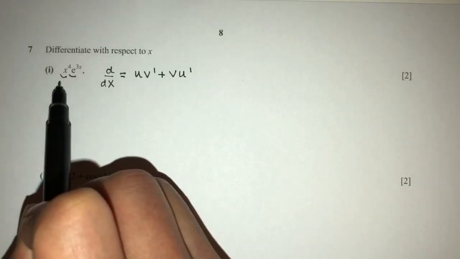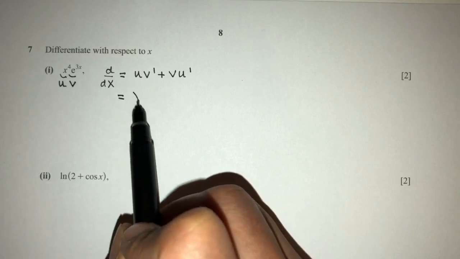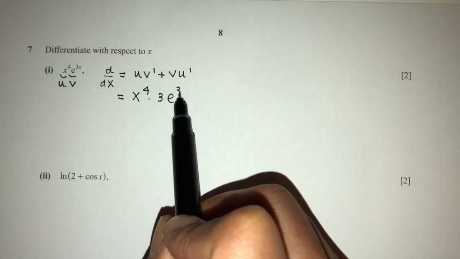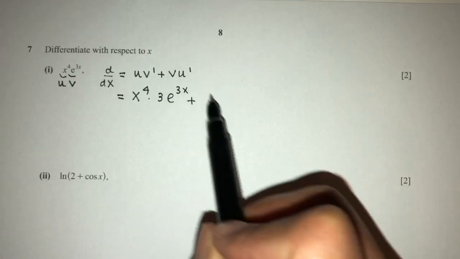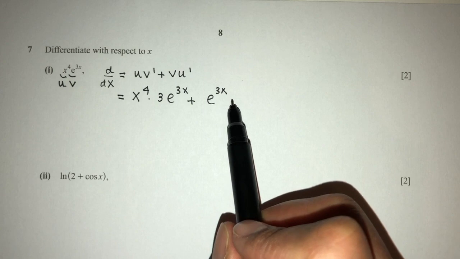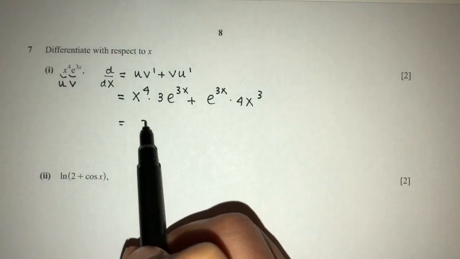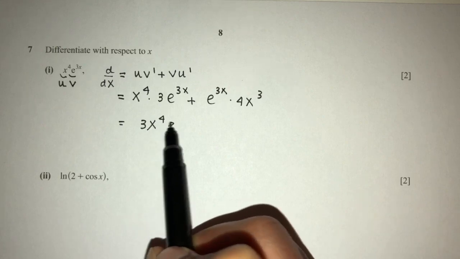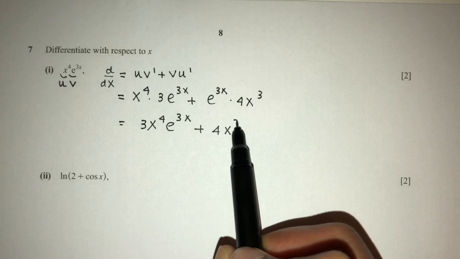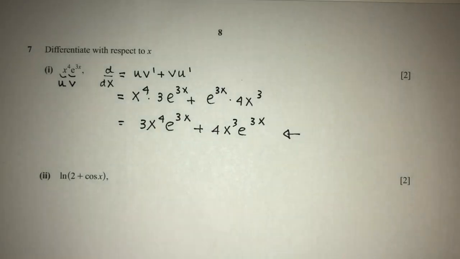This is my u, this is my v, so let's replace. u is the same, x to the power 4, v prime will be 3 exponential 3x, plus v, which is exponential power 3x, times u prime, which is 4x to the power 3. Simplifying, you will have 3x to the power 4 exponential 3x, and then 4x to the power 3 exponential 3x. This will be your answer for part 1.